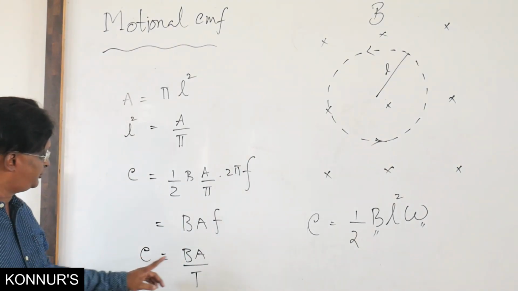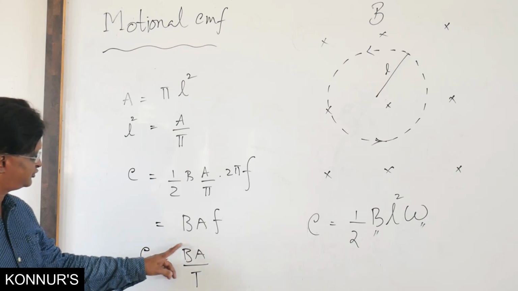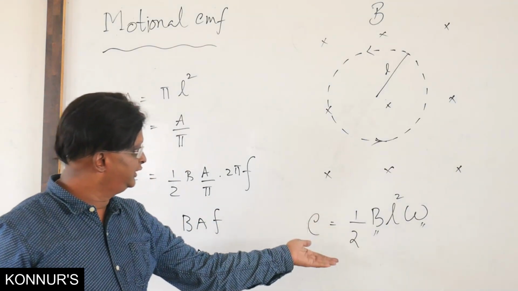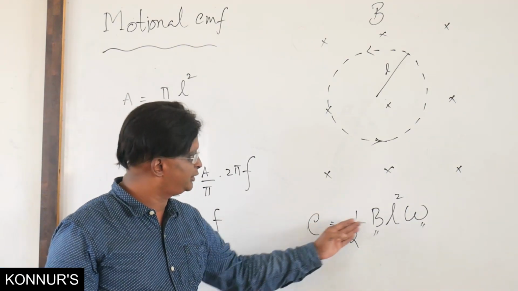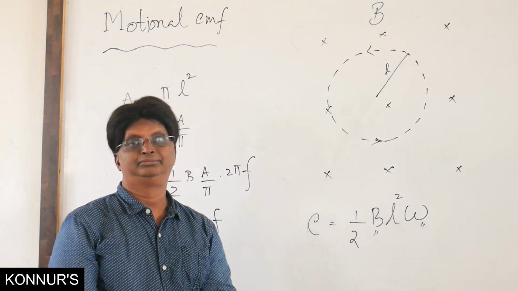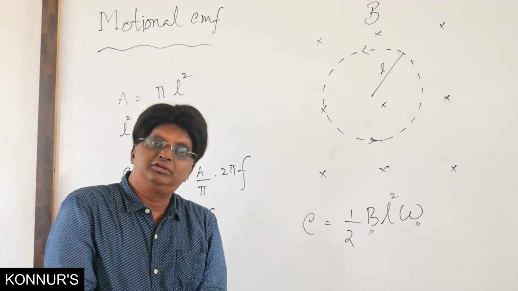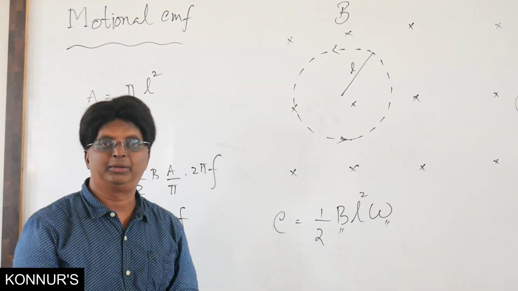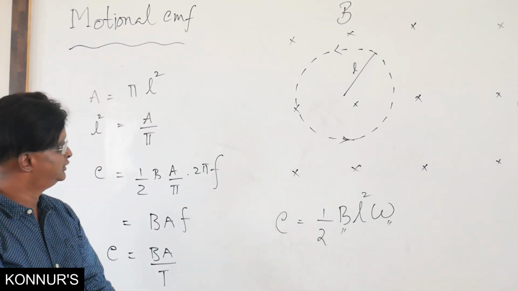Here E is proportional to A, E proportional to 1 by T, E proportional to f, and all these results. Here in this case you will find E proportional to L squared. Once again, for the direction of induced current we use Fleming's right hand rule.